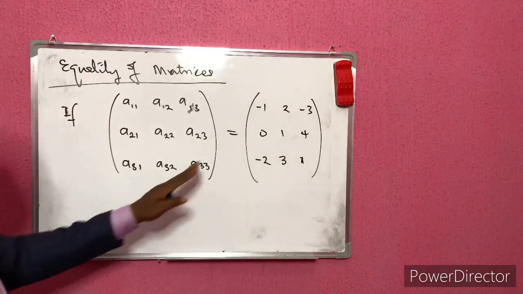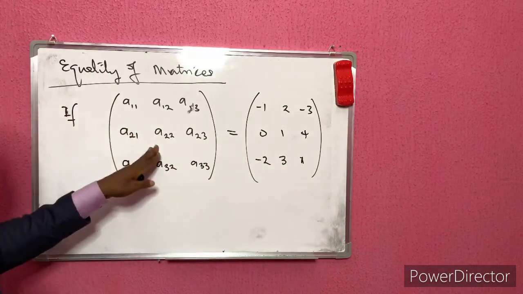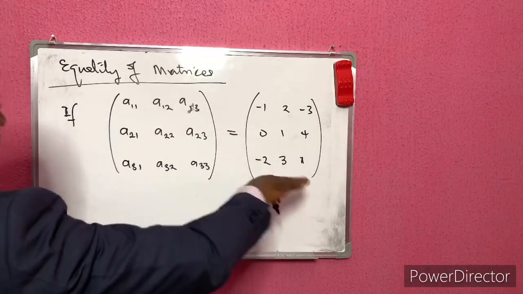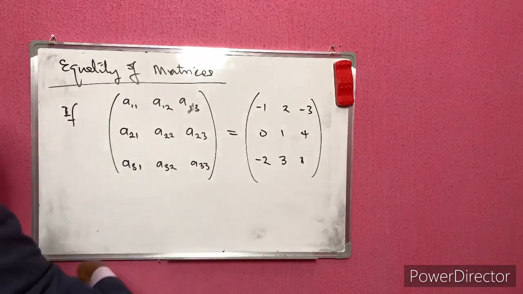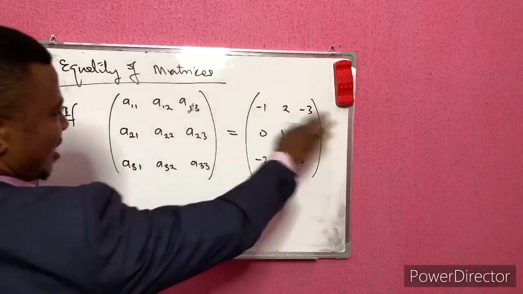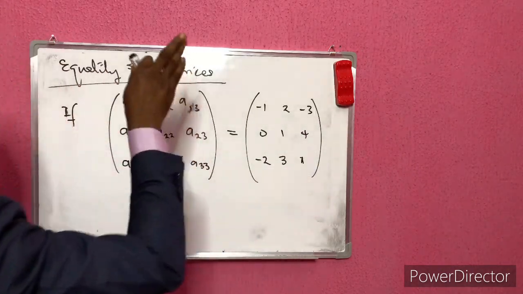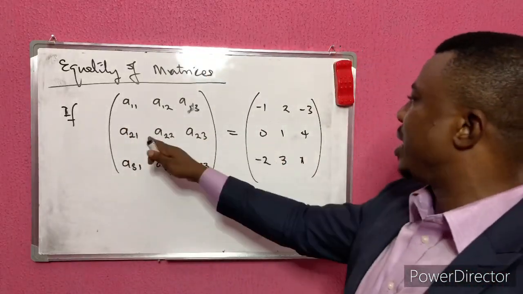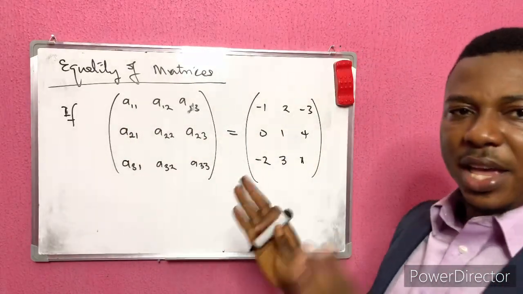If this is equal to this, first of all, look at it, they have the same order. 1, 2, 3, 3 rows, 1, 2, 3, 3 columns, 3 by 3. Same thing here, 3 by 3. Then if they are equal, it means that the corresponding elements in both matrices are equal.